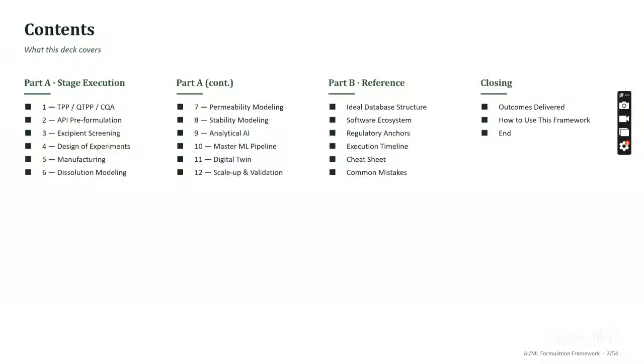Here the contents will also be 12 stages, stage execution, references and closing. TPP, QTPP, CQAs, and API pre-formulation, excipient screening, DOE (design of experiments), manufacturing, dissolution modeling, permeability modeling, stability modeling, analytical AI, master ML pipeline, digital twin, and scale up and validation.